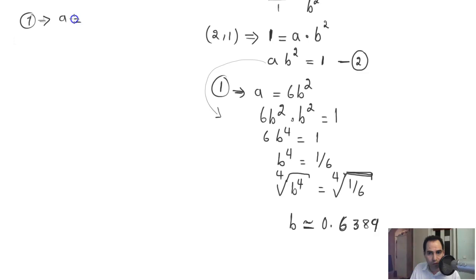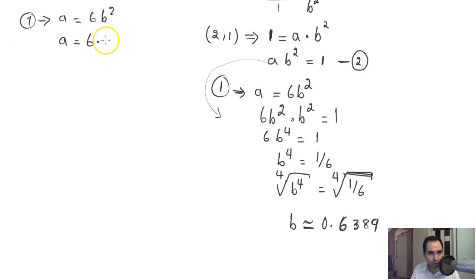So a is equal to 6 times b squared, and I enter this equation in the same way into my calculator. I retrieve the value of b from the memory, square it, of course the whole thing is done by the calculator, and then multiply that by 6, and that becomes a.